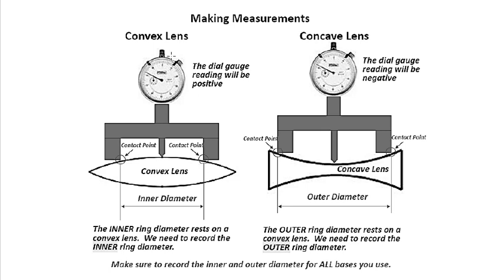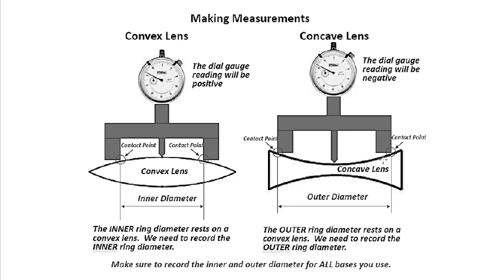Okay, so for the dial gauge reading, since we are measuring the convex lens, your stem is going to push up, so it would be positive. And for your concave lens, it would be negative, because the stem has to go down to touch the surface of your concave lens.